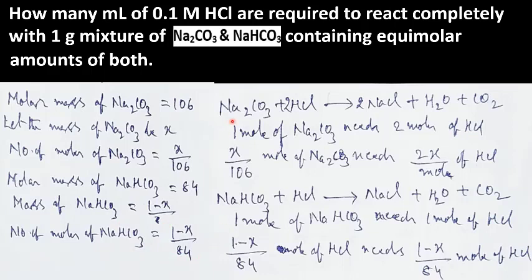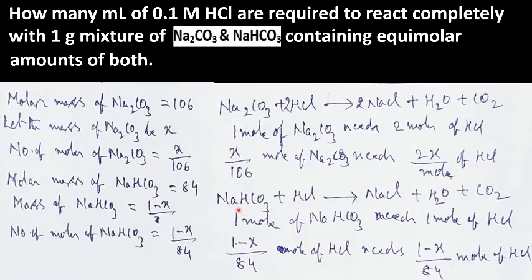The reaction between sodium carbonate and HCl: 1 mole of sodium carbonate needs 2 moles of HCl. So X by 106 moles of Na2CO3 needs 2X by 106 mole of HCl.